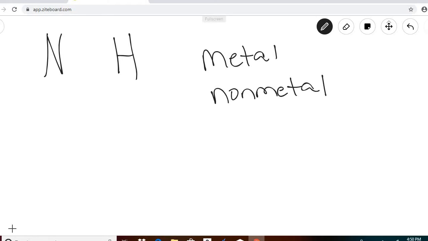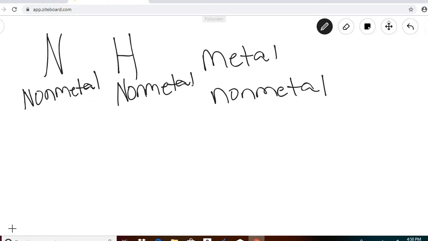Hydrogen is a non-metal. It's blue on the periodic chart, so it is a non-metal. And nitrogen is also a non-metal. It appears as a blue box too, so this is not ionic because it does not form between a metal and a non-metal.